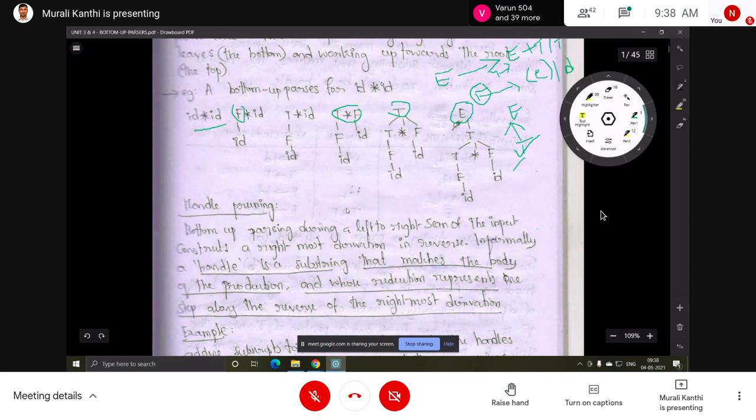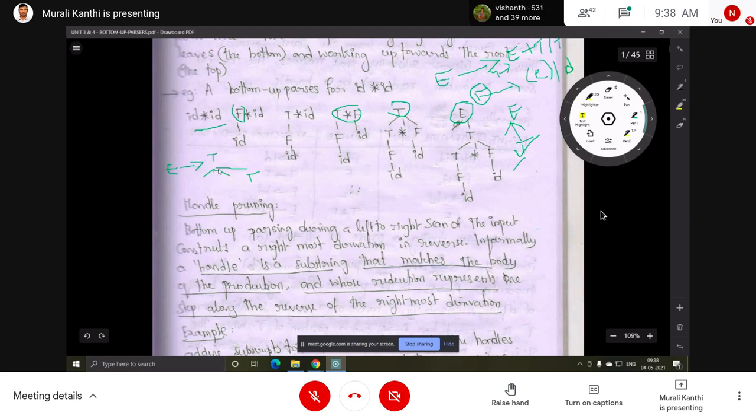If you take the expansion of the grammar, it will be a rightmost derivation, that is, a rightmost derivation in the reverse order.